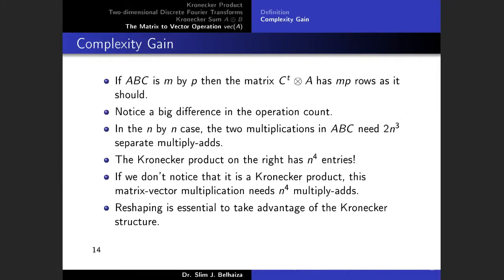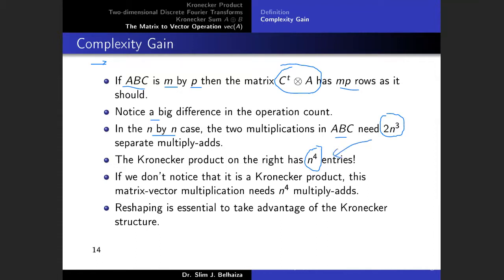Why is it useful? It provides a complexity gain. So if ABC is m by p, then C transpose Kronecker A has n rows as it should. And notice a big difference in the operation count. In the case n by n, the two multiplications ABC need 2 times n cubed separate multiply-adds, while the Kronecker product on the right needs n to the power 4 entries.